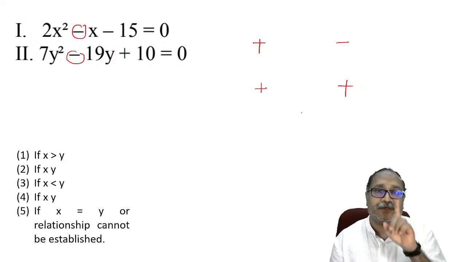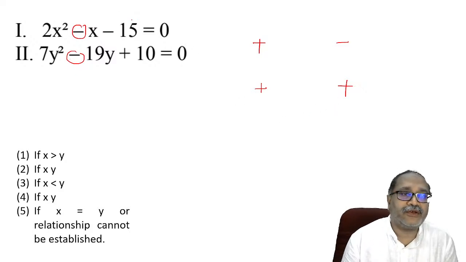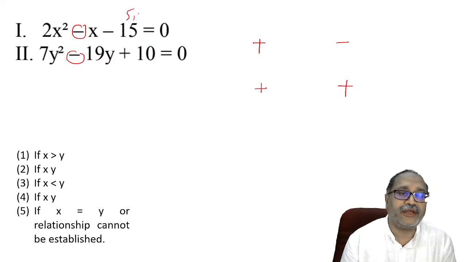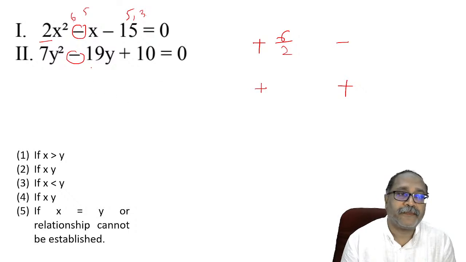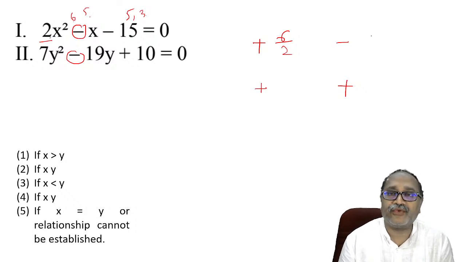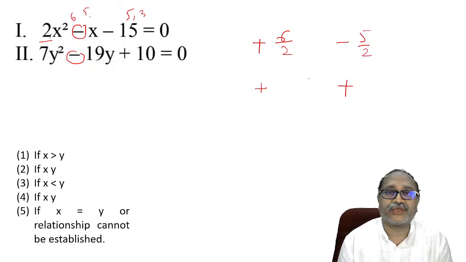One part is over. Second part, I will write down this number as 5 and 3. So 3 into 2 is 6, minus 5 is 1. So bring the higher number first: 6 by 2, which is 3, and here 5 by 2. That's over.